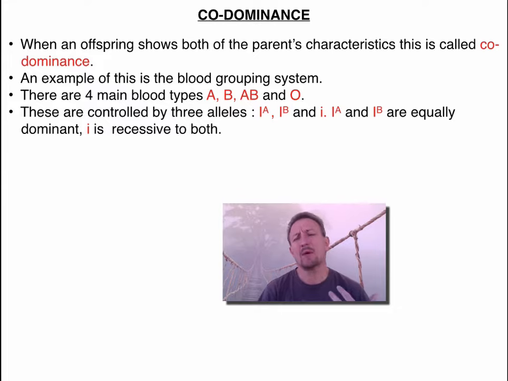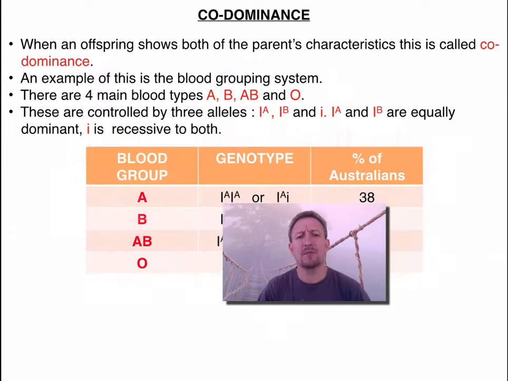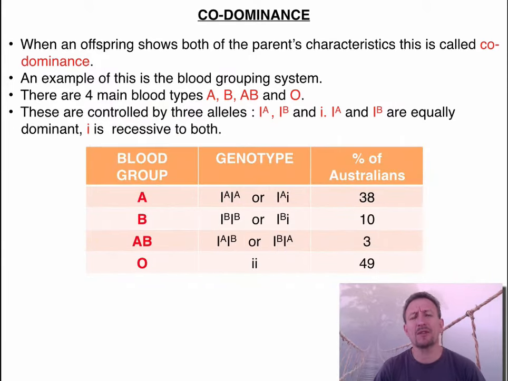Now we're going to very quickly run through how codominance comes about, and hopefully you'll see through the example how the two alleles have equal strengths. If you look at this table below, I'm showing you the genotypes of the main blood groups. In blood group A, remember you're always going to have two alleles.